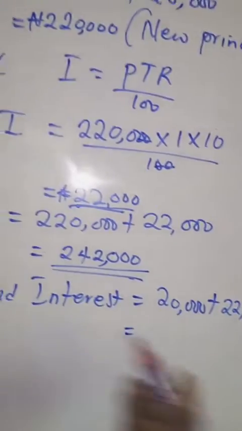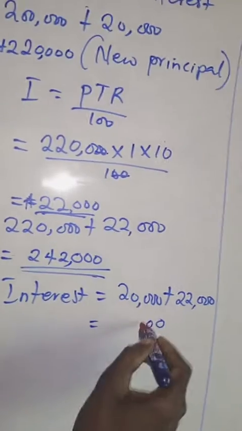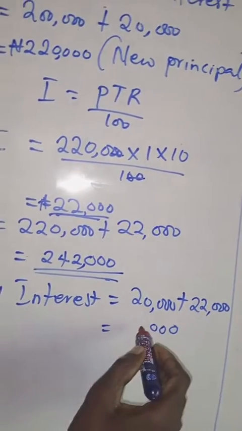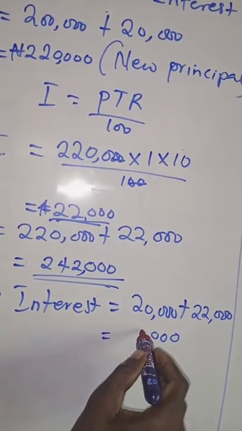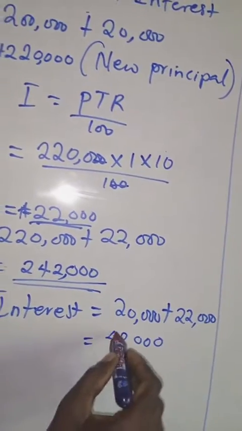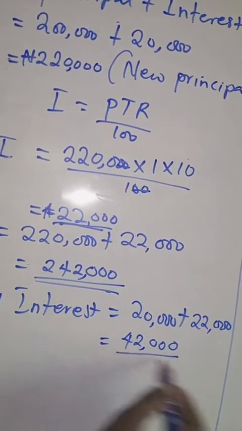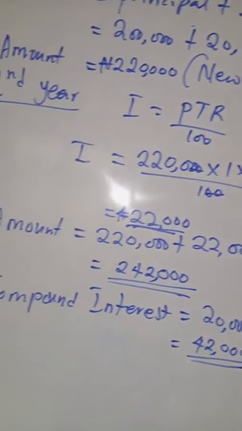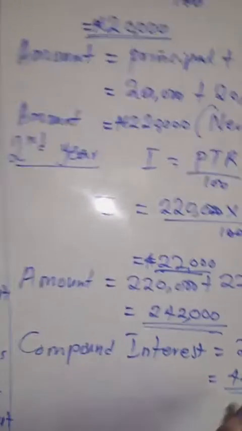So my compound interest will now be 42,000.